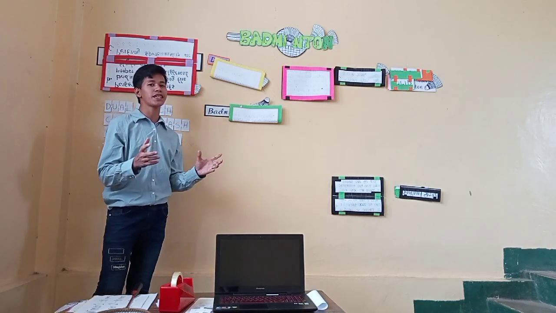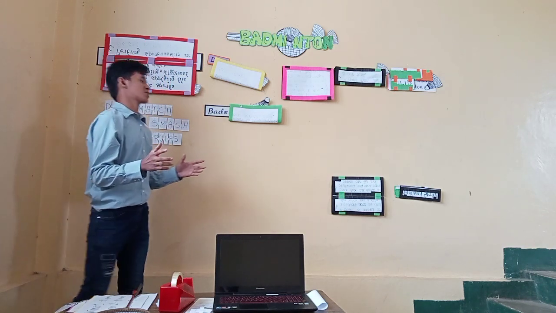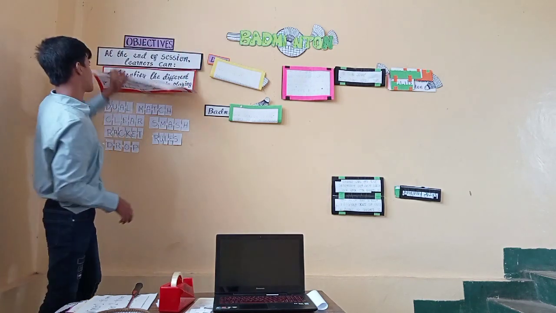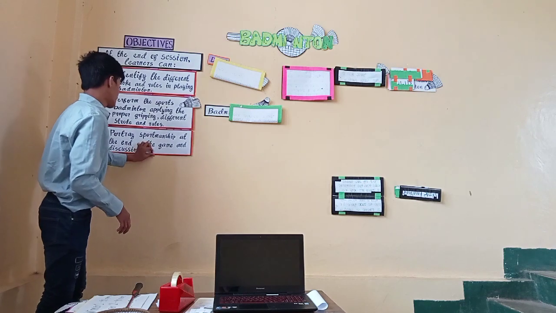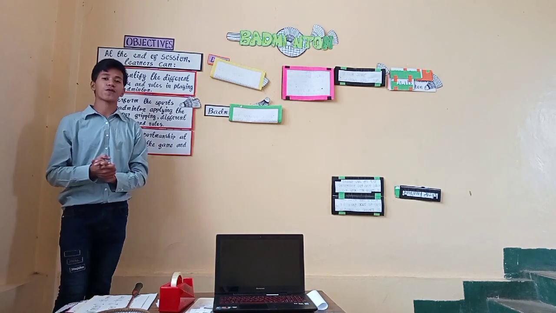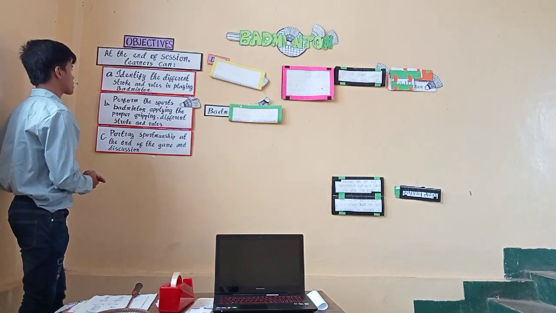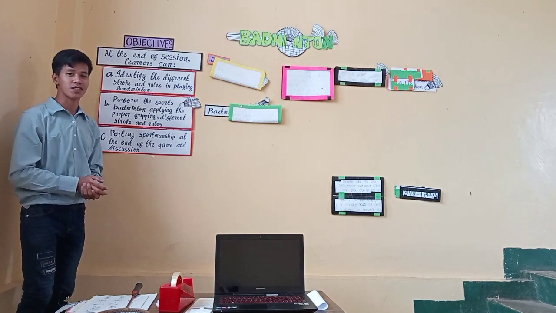Before we proceed to our main lesson, I will show you our objective for us to be guided. Our objective for today is first, identify the different strokes and rules in playing badminton.